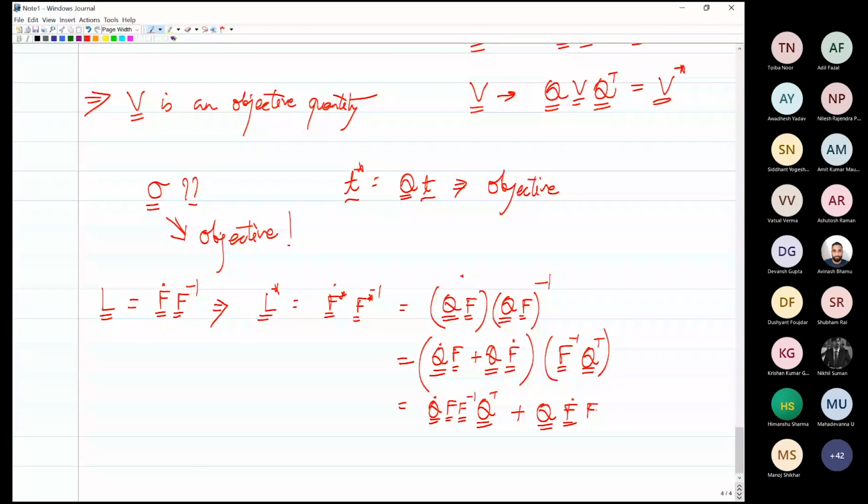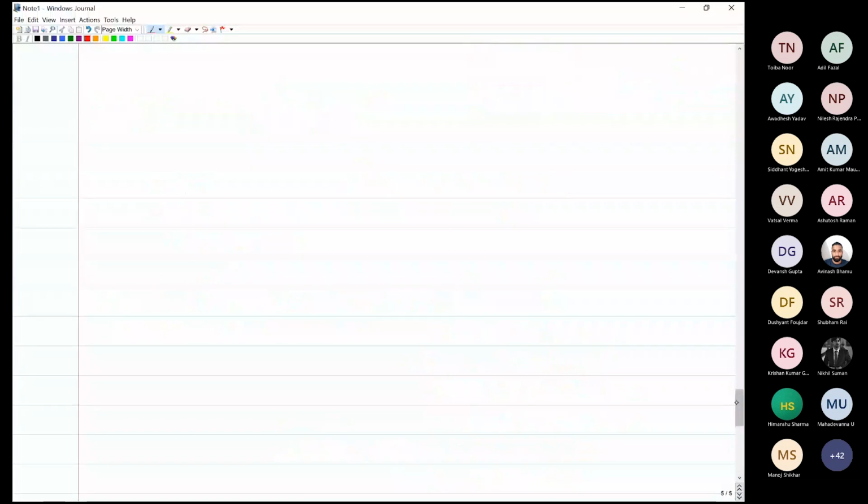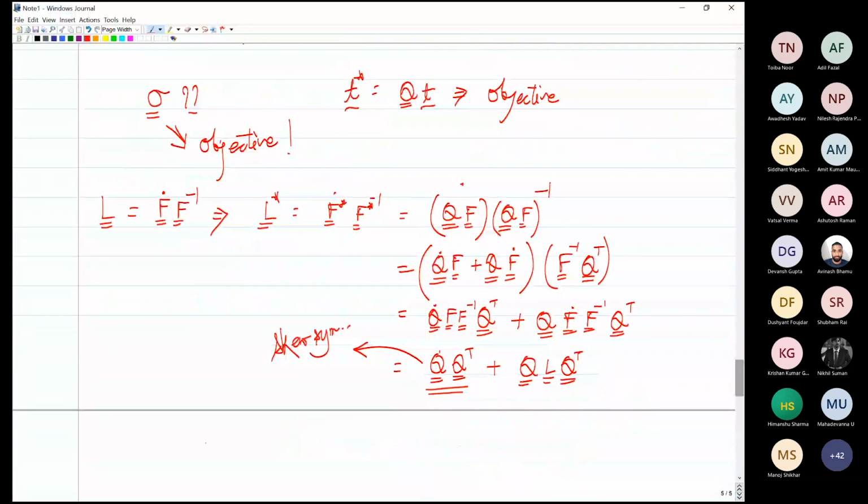Now, this is equal to Q dot Q transpose plus Q times L into Q transpose. So notice that L star is not equal to QLQ transpose. It has this extra term, and this is actually a skew symmetric tensor. Okay, so what this means is that L is not objective.